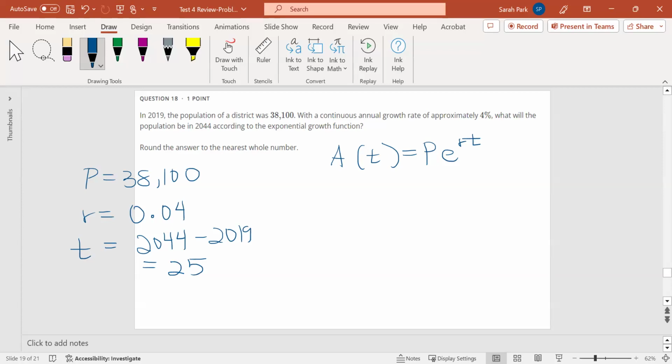Okay, so we substitute this in. We have A of 25 equals 38,100 e raised to 0.04 times 25. And we just need to plug it into the calculator and then make sure to round it to the nearest whole number.